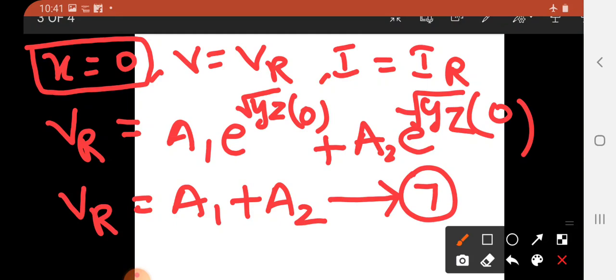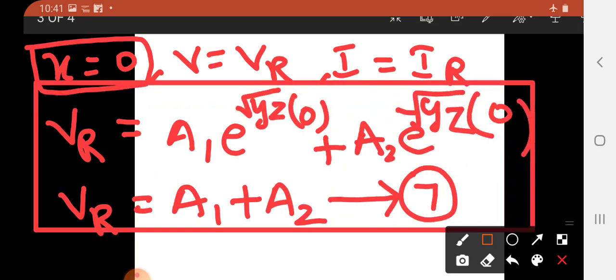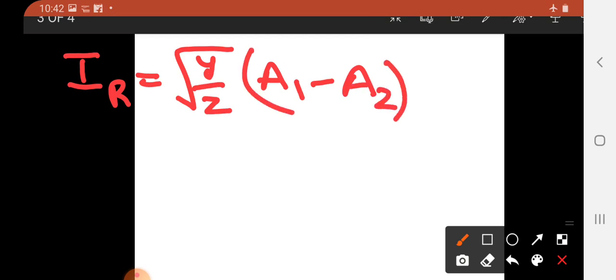Then what about IR? If I substitute these values in equation 6, I is equal to IR, which is equal to square root of Y by Z into A1 minus A2, because the e power term will be 1.